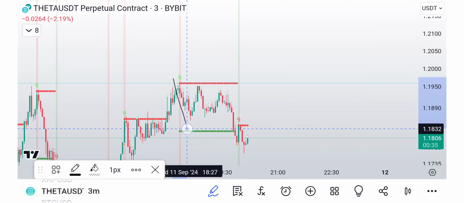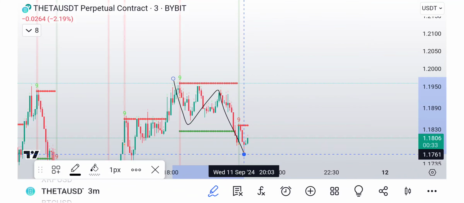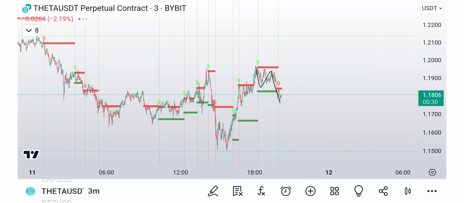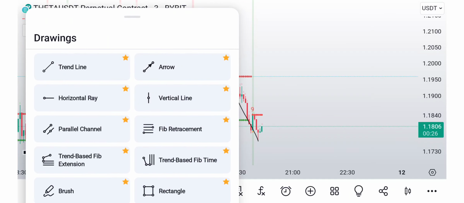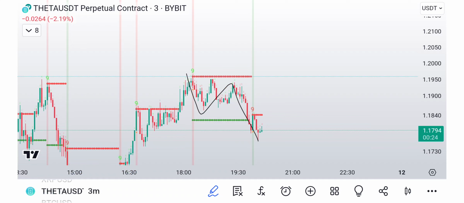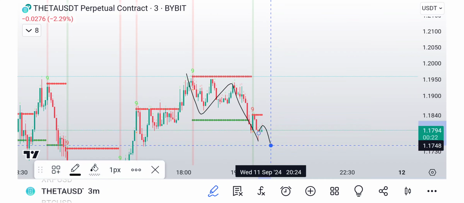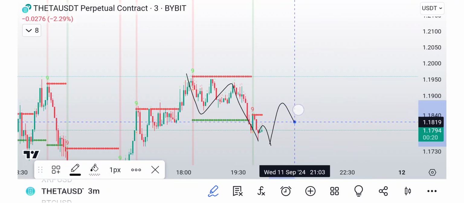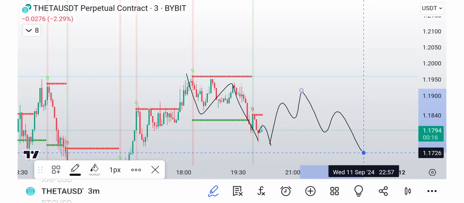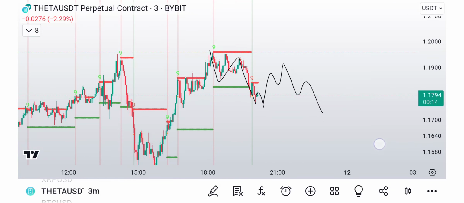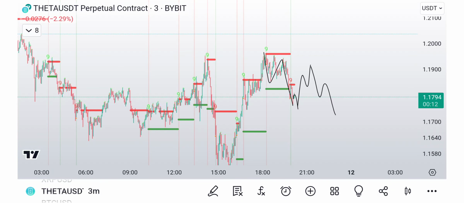So A, B, C. Now, could this get more complex? Absolutely. And what does that mean? Well, if we have another move down, and then we come up in 3, and then we come back down in 3, then that's going to be an even better setup. Why?